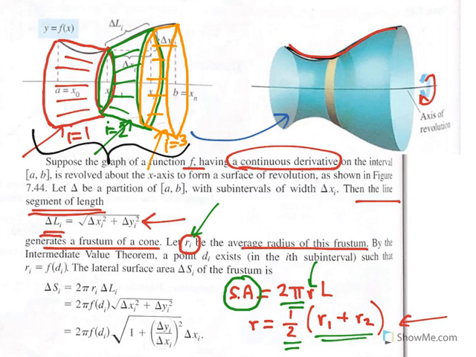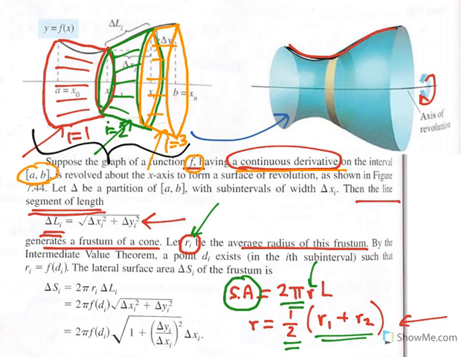By the intermediate value theorem, because our function f is continuous, suppose the graph of f has a continuous derivative, which means the function f is differentiable on the interval from a to b and therefore continuous on the interval from a to b.